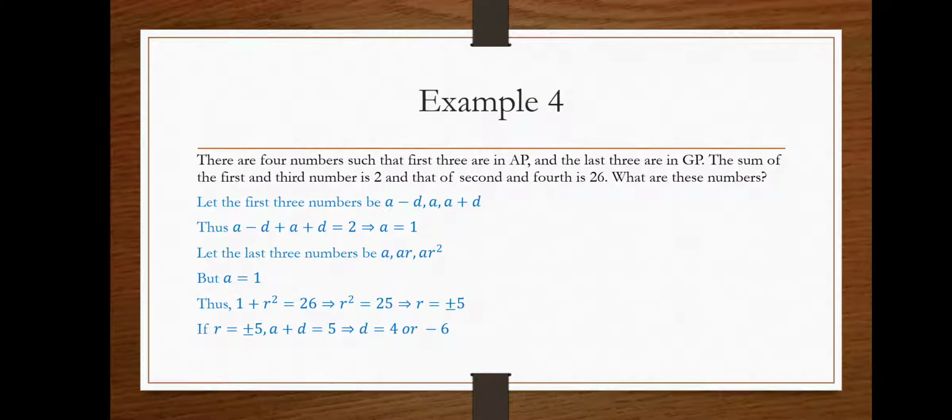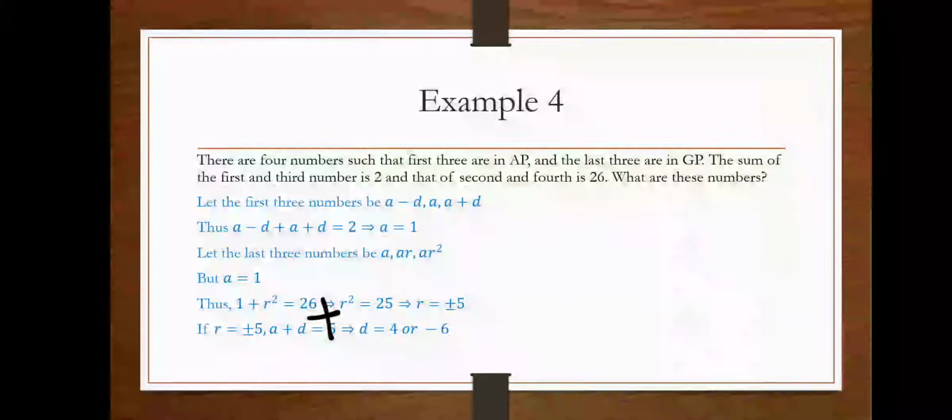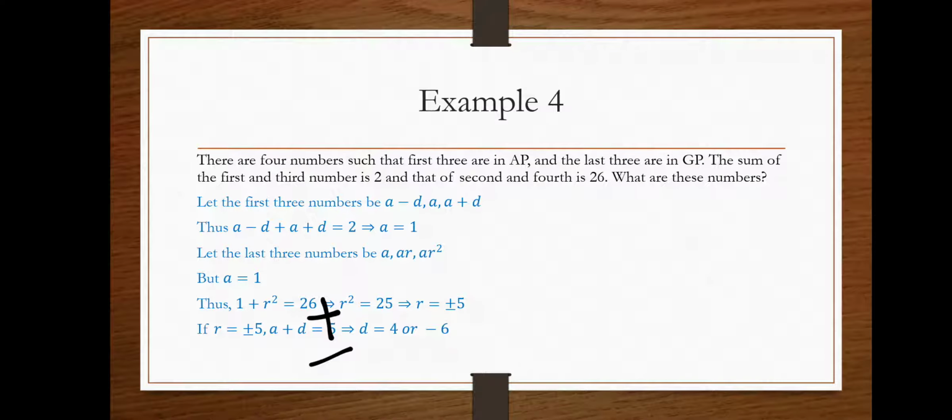I forgot to put the plus minus symbol here, which I always do in every place. If I take plus, I get the value of D as 4, and if I take minus, I get the value of D as minus 6.